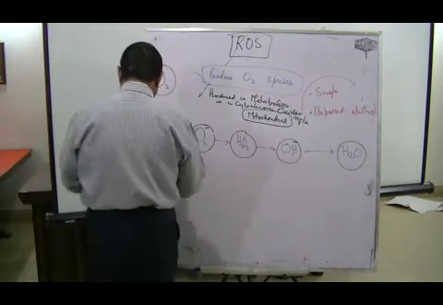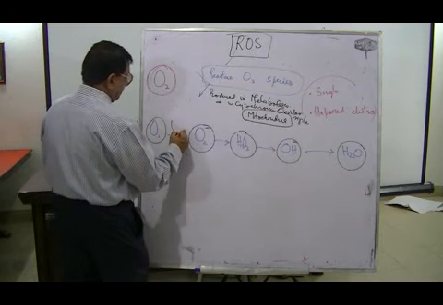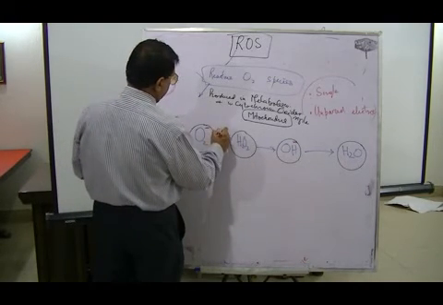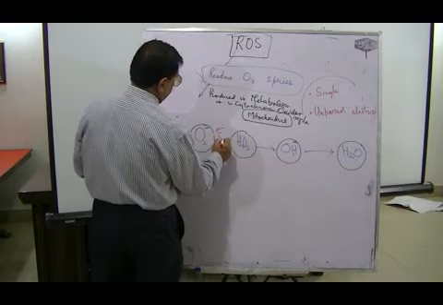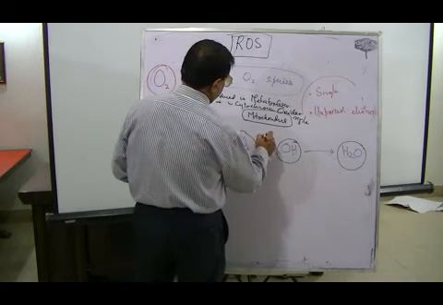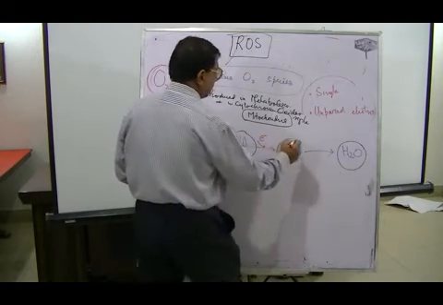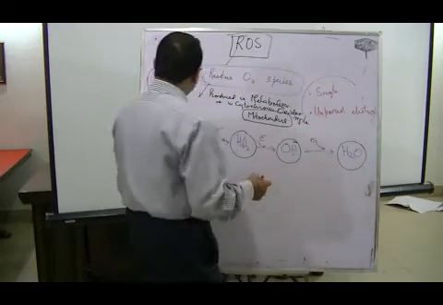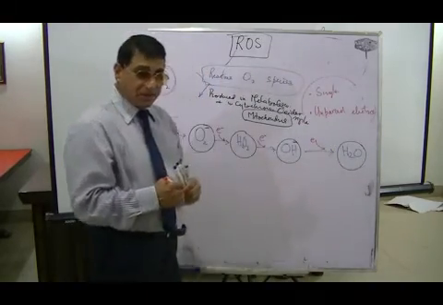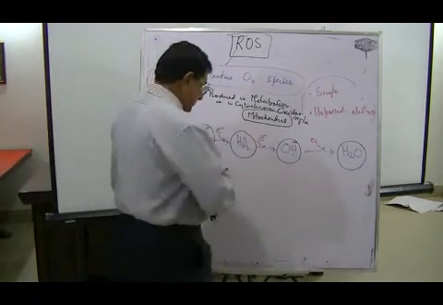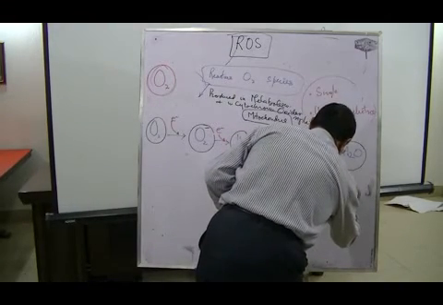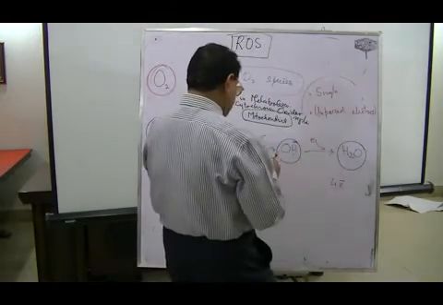At each of these steps, one electron is being added. So there is addition of 4 electrons. And what happens in the end is that you've got 4 electrons, right?